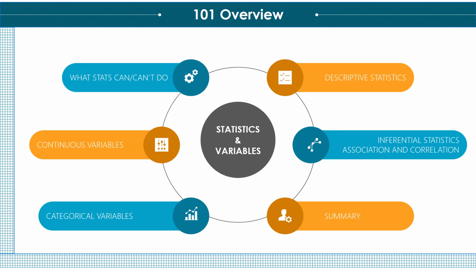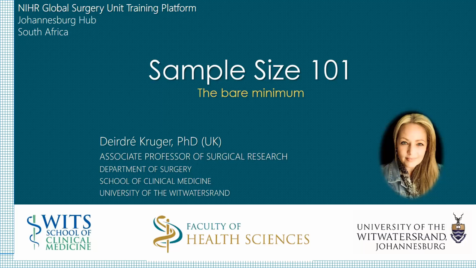So this is an overview of what we looked at. So what I thought to do also in this presentation while you're here is just briefly touch on sample size, the bare minimum, just so you have some idea how to actually calculate your sample size to know if your study design is appropriate and powered.